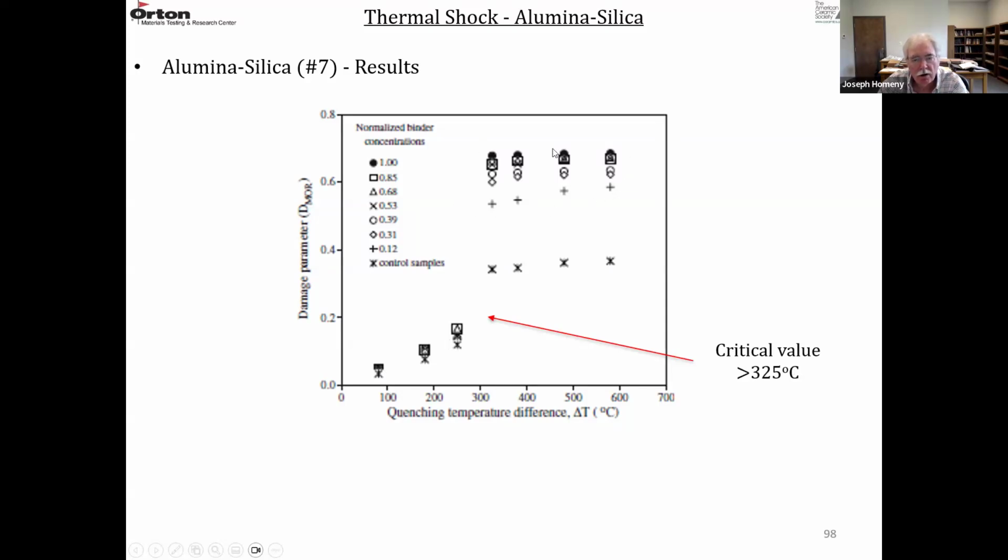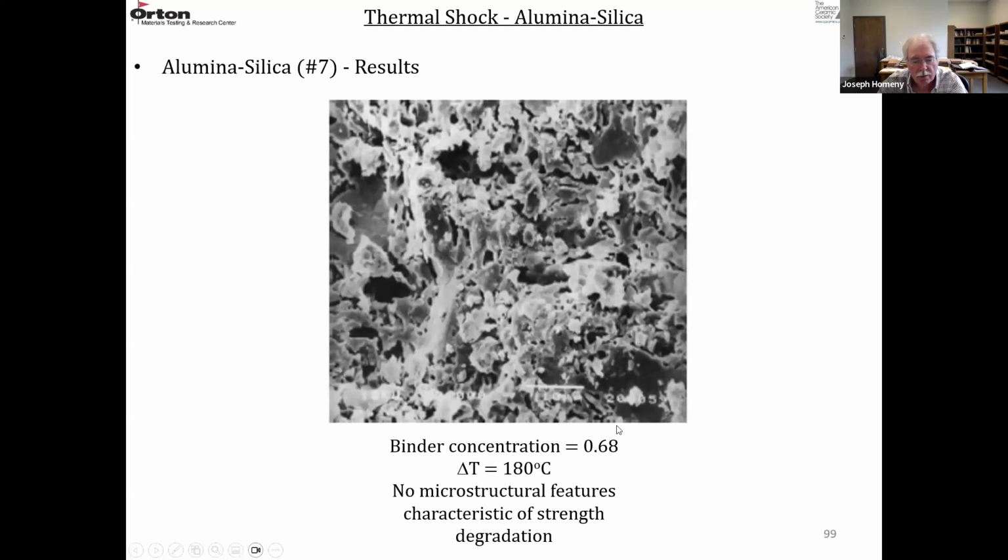So these are for all the materials with the organic binder. They have the greatest damage compared to the sample without a binder. So this is the optimum binder concentration, about 0.68. The delta T is 180 degrees C.